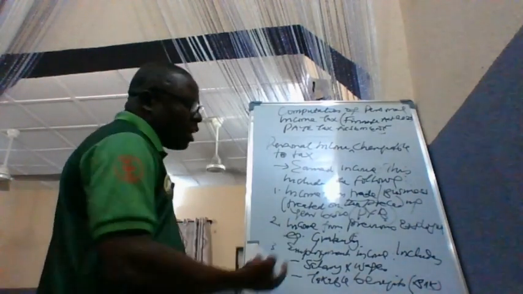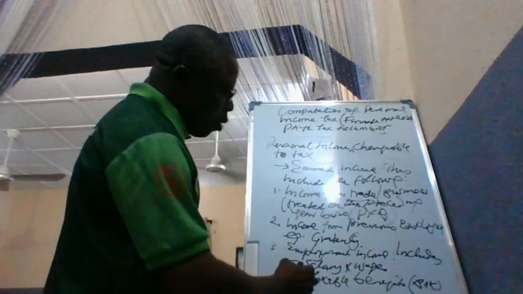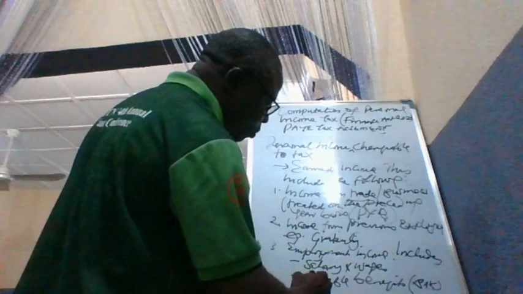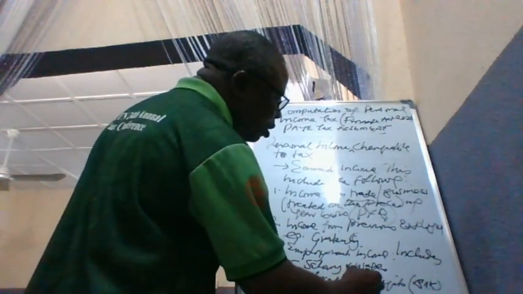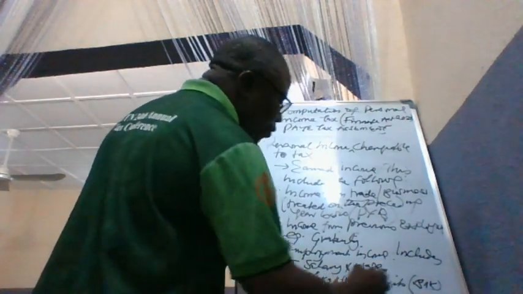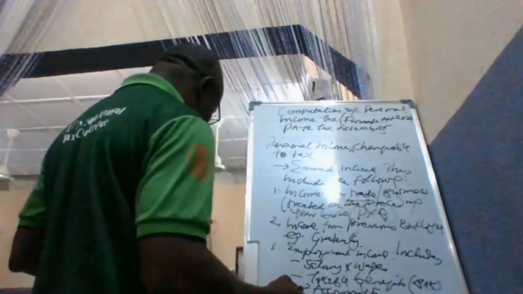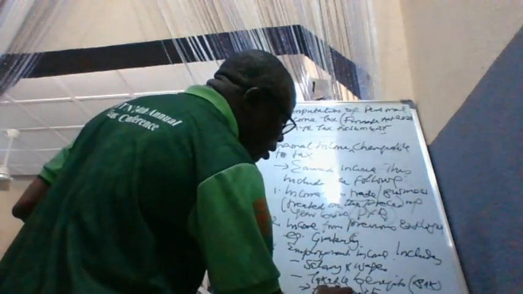What are these benefits in kind? Apart from the salary that the employer pays to the employee, number one, this could be provision of accommodation for the staff. Two, could be domestic servants.